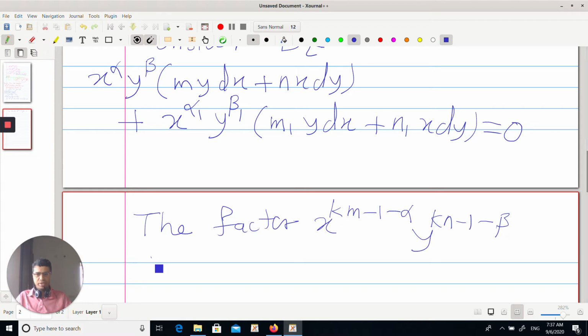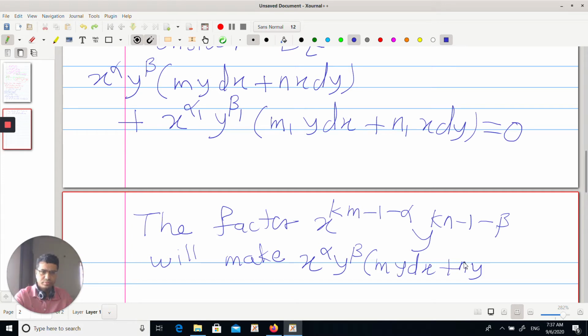This factor will make the first part, that is x raised to alpha y raised to beta into my dx plus nx dy, exact.